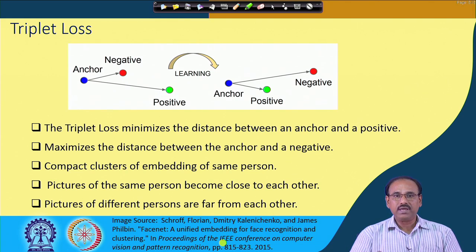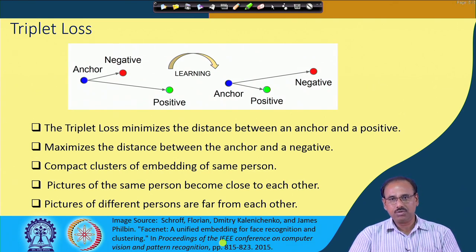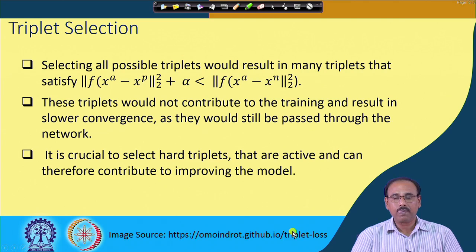So images belonging to the same person form a compact cluster. For every pair of images within the same cluster, the distance between them should be very, very small. So this is how triplet loss is used for training of the FaceNet.